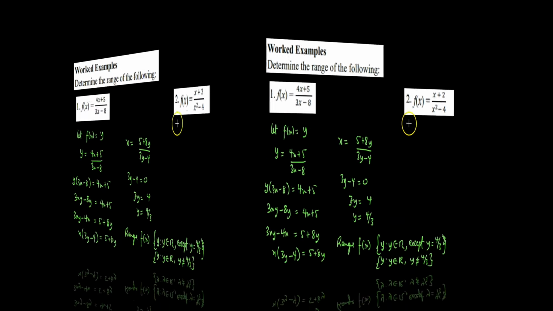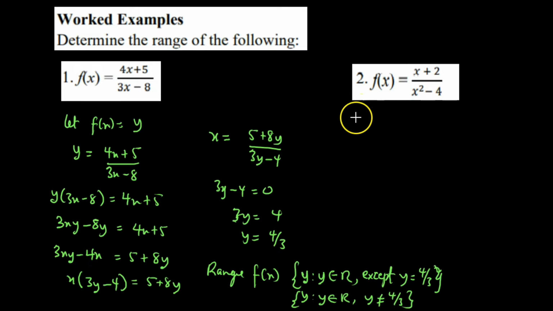So in our second example, we have f of x equal to x plus 2 all divided by x squared minus 4. In this scenario, we can still say let f of x equal to y, so y equals x plus 2 all divided by x squared minus 4.